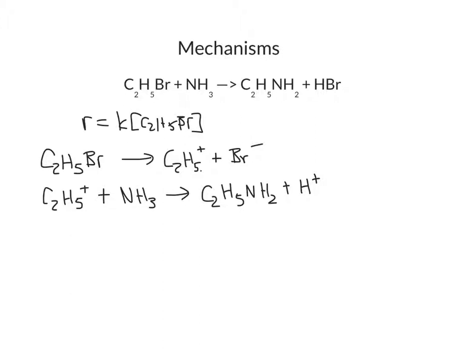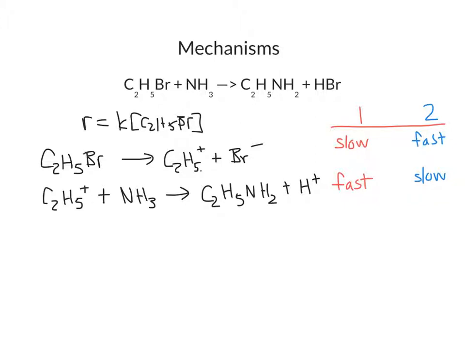Possibility number one would be that the first reaction is slow and the second reaction is fast. Alternatively, we could imagine a second possibility where the first reaction is fast and the second reaction is slow. Let's see if we can think through what would be the case for these two possibilities.